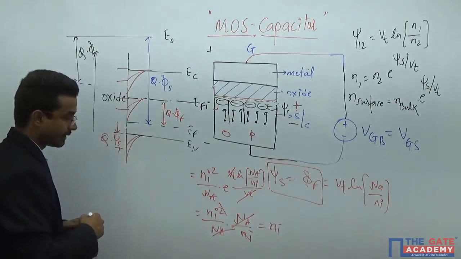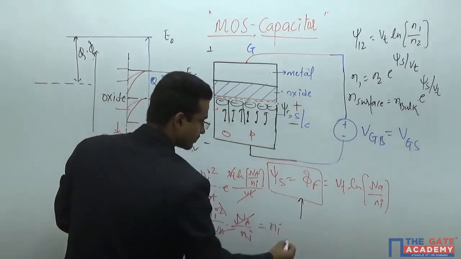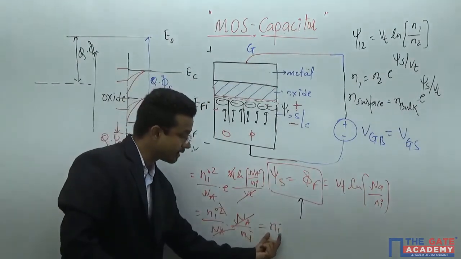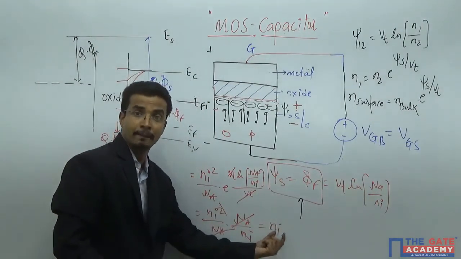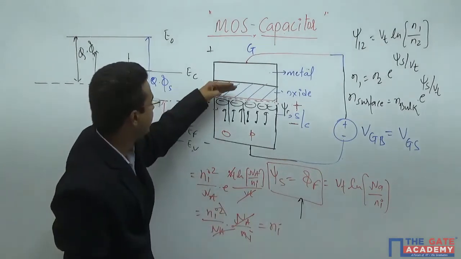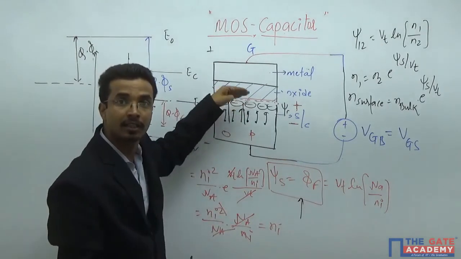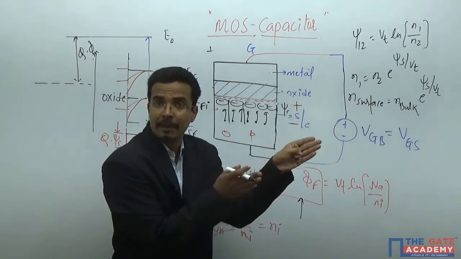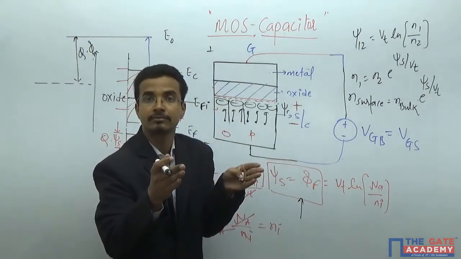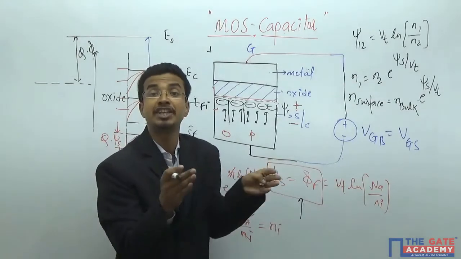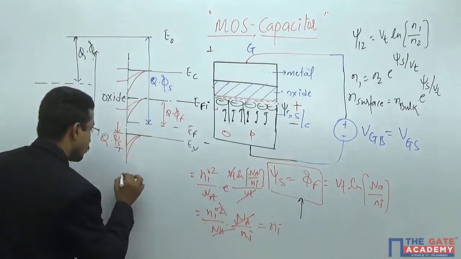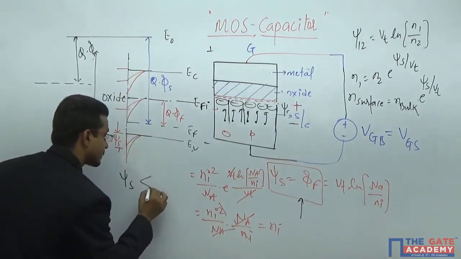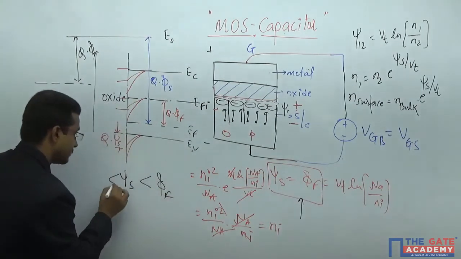That means at this particular surface, this is Ni. Before this, what is happening? You are depleting the holes from here. So whenever psi S is increasing from 0, the flat band condition, to phi F, that is known as the depletion mode. That means when psi S is less than phi F but greater than 0.